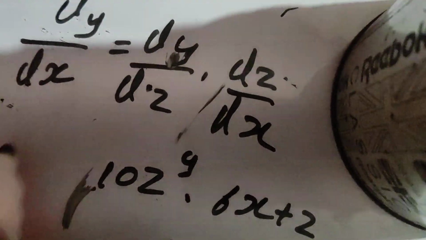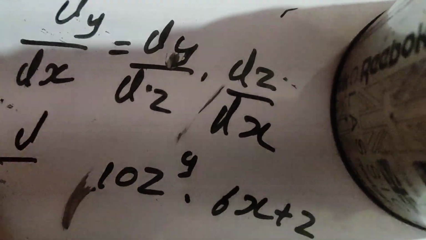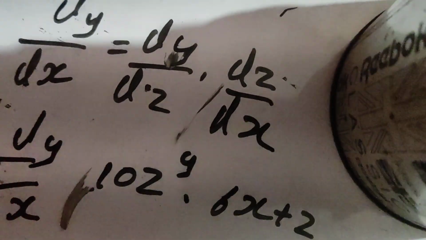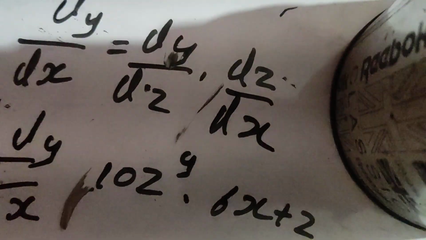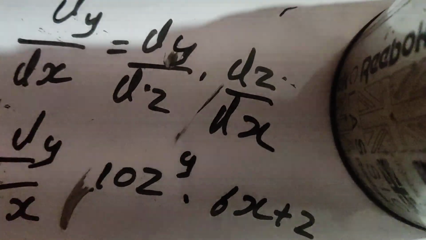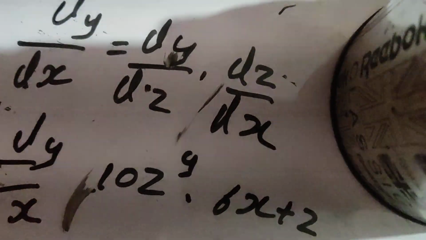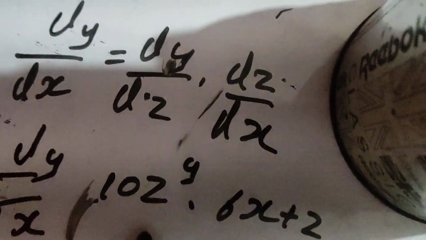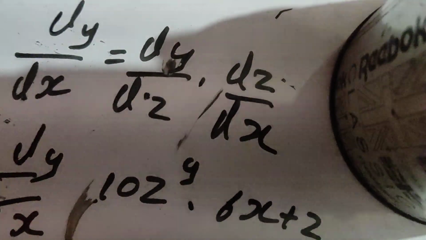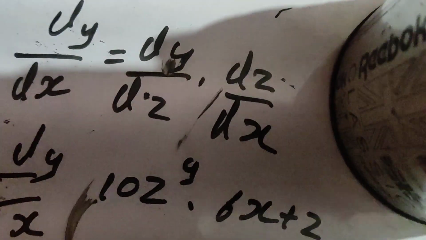This is dy by dx. So we get this now. So now we can write this z as this value, the previous value.